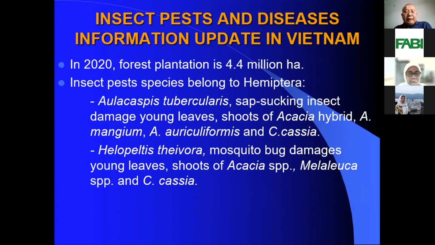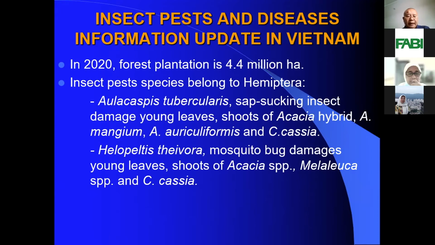So the insect pests belonging to Hemiptera. First, a sap-sucking insect that attacks young leaves and shoots of Acacia hybrid, Acacia mangium, auriculiformis, and Cinnamomum cassia, is Aulacaspis tubercularis, the sap-sucking insect.